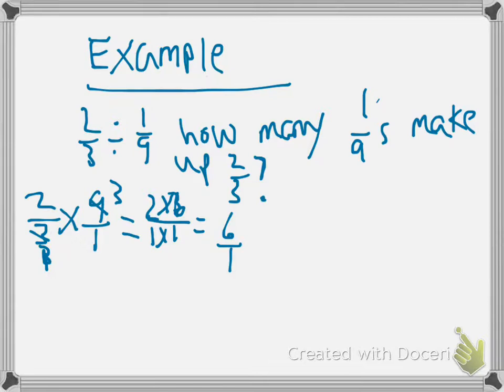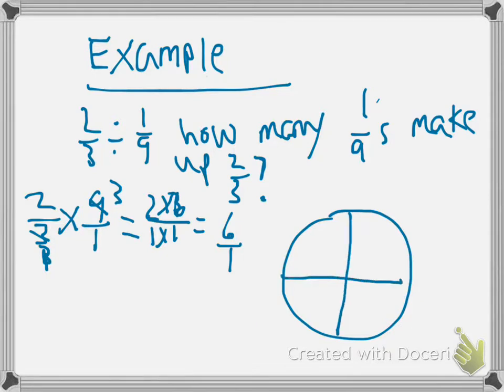So what you do is you draw a circle and you divide it into 9 equal parts, counting 1, 2, 3, 4, 5, 6, 7, 8, 9.